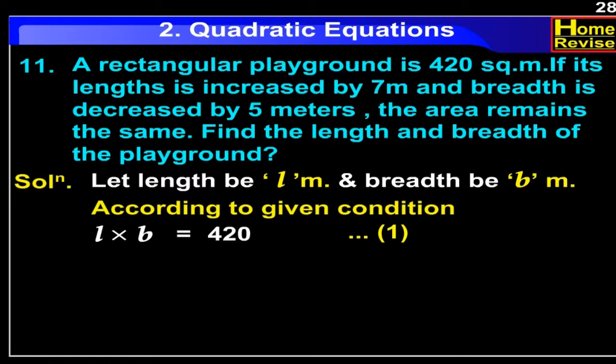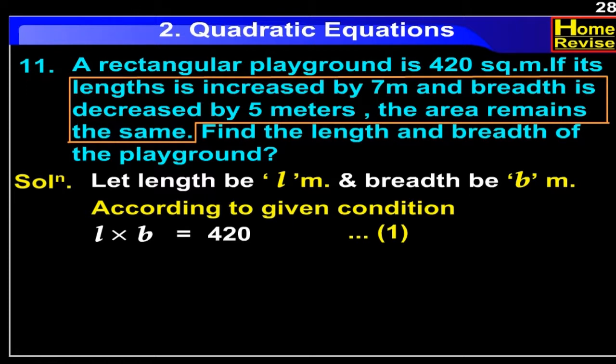Now, if the length is increased by 7 and breadth is decreased by 5 meters, the area remains the same. Therefore, we have (L plus 7) into (B minus 5) is equal to 420.